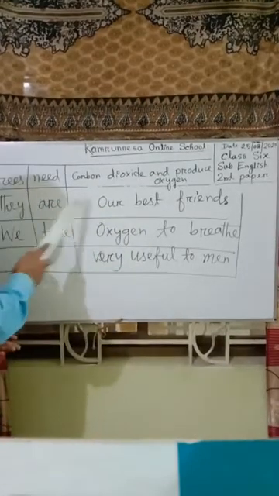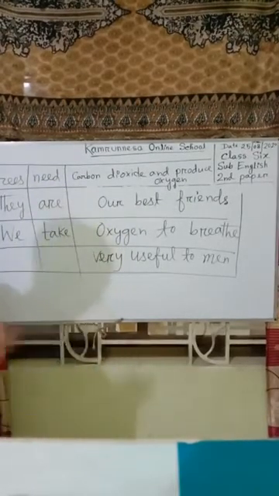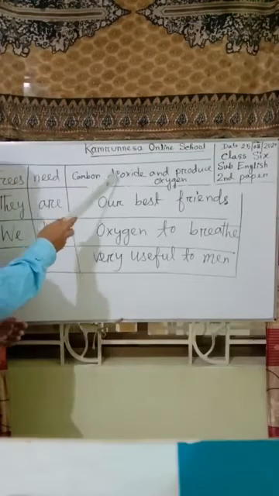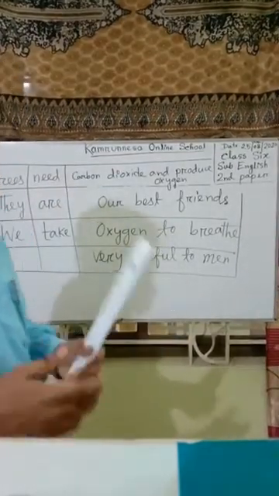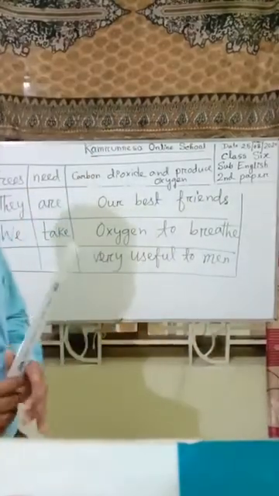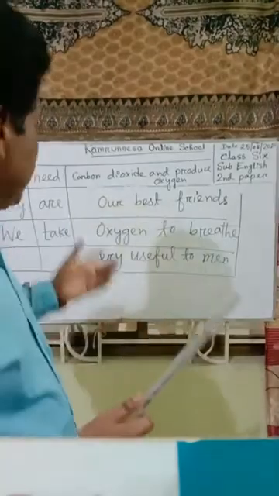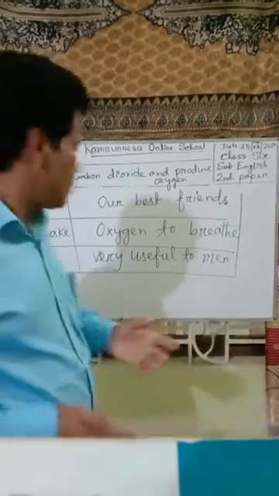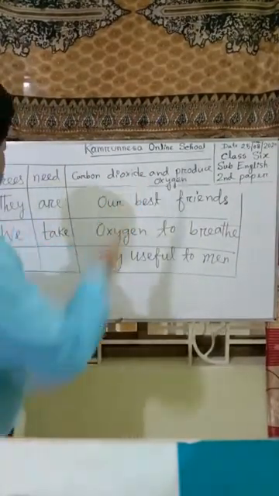Trees are our best friends. This is line 1. And then they take carbon dioxide and produce oxygen. That means we know that trees absorb carbon dioxide, which is very harmful for mankind. Trees absorb that poisonous carbon dioxide, and they produce fresh oxygen. They take carbon dioxide and produce oxygen.